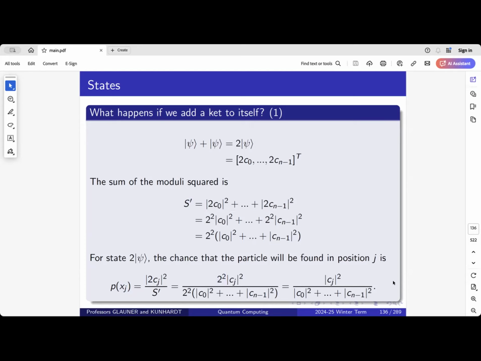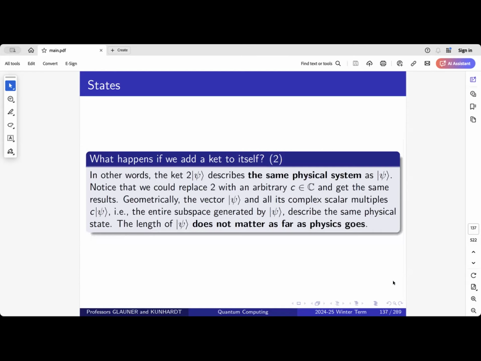So if you multiply any factor with your quantum state, it changes the numbers proportionally in the quantum state, but it doesn't change the physical system. So like 2 times psi cat still describes the same physical system. And you can replace this 2 with any arbitrary complex number. It will still cancel out. So the length of your vector doesn't matter. So if you multiply it with 2, with 5, whatever, it's still the same physical system.